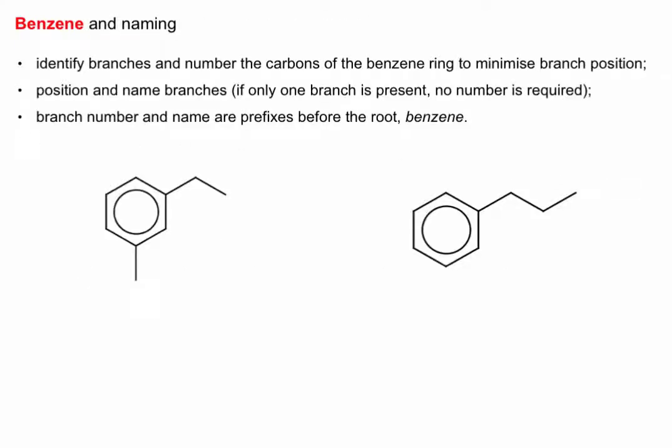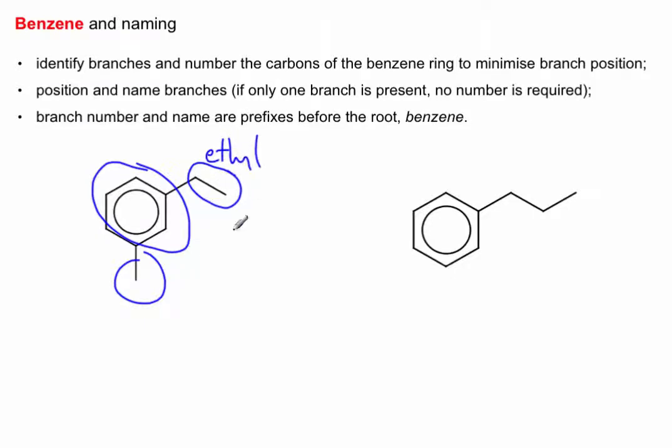Benzene naming is pretty straightforward. Just like we've always done, you identify branches around a benzene. Benzene, again, is going to be the main molecule. So there's my benzene, and I look at branches, and I have a 1 carbon branch here. This is a line structure diagram, and I have a 2 carbon branch here. So that's an ethyl branch, and that's a methyl branch, and then all the rules you've gone through apply.